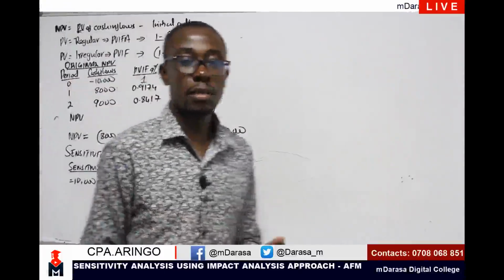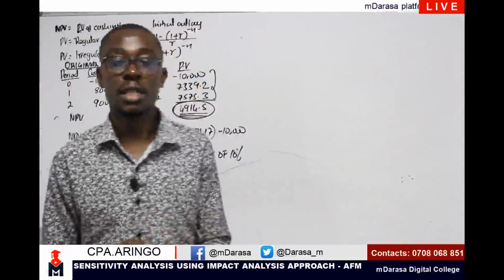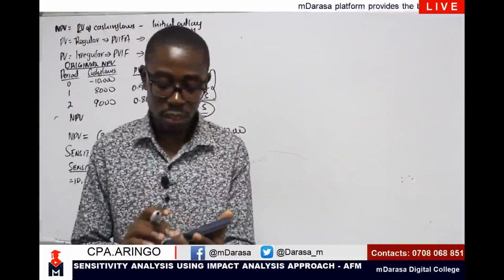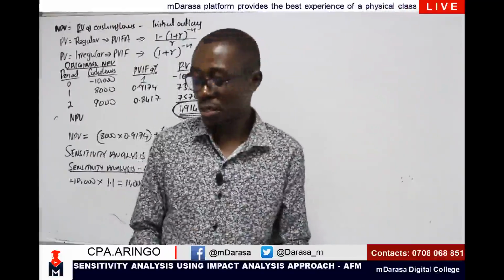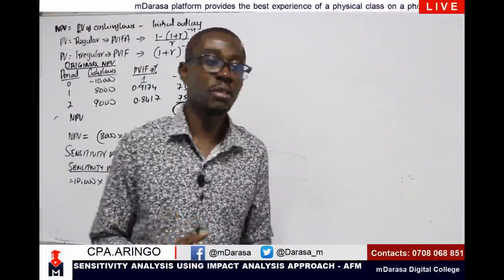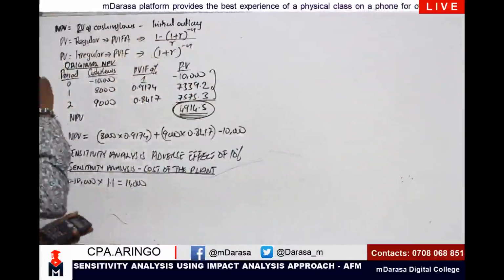Better still, you can take 10% of 10,000 and add it to your original cost, which is the same as whatever figure I'm having times 1.1.